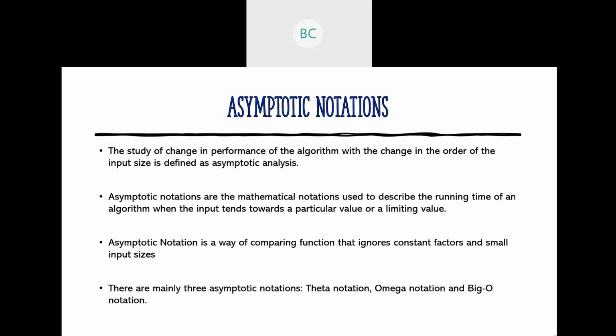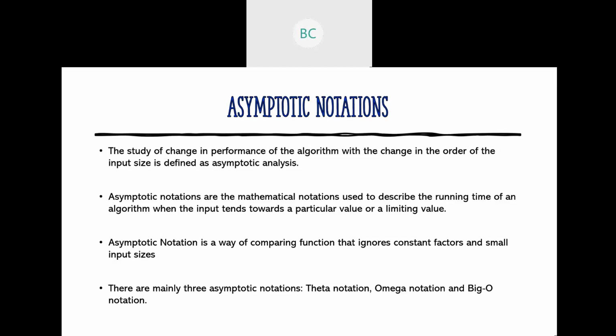Anyone want to tell why time complexity is more important than space complexity? Because it shows the efficiency of the program, and the faster the program is executed, the better the program is. Yes, that's true.